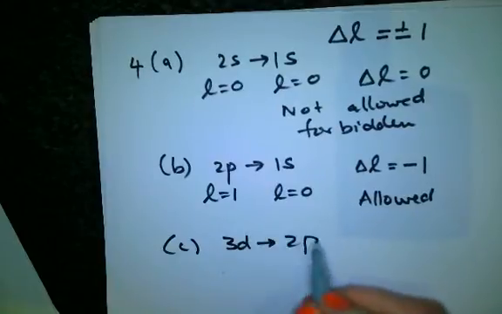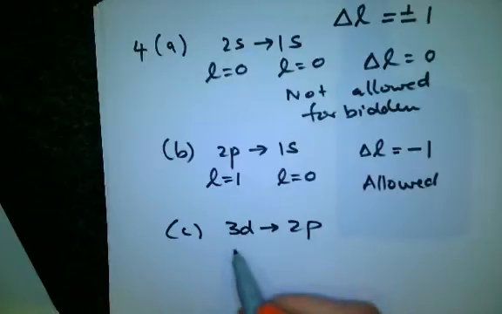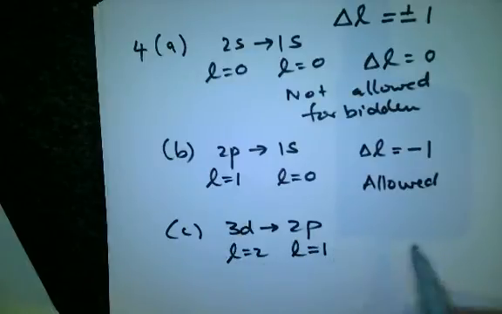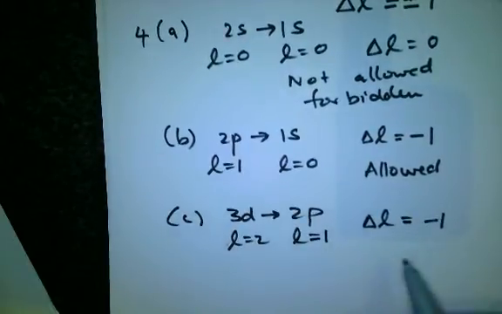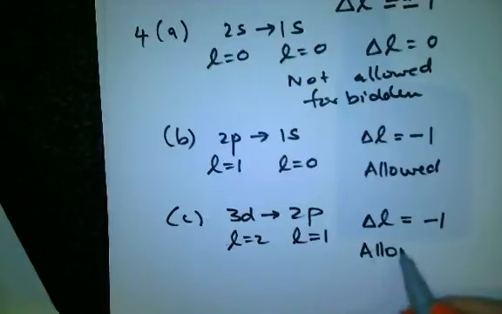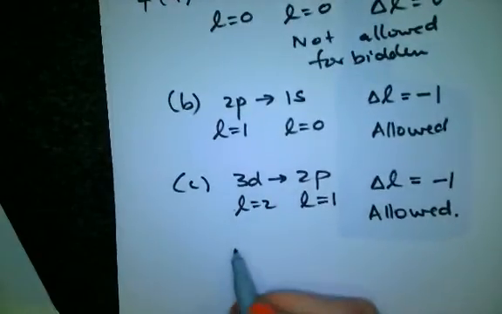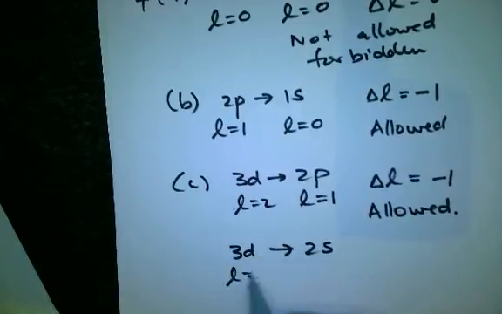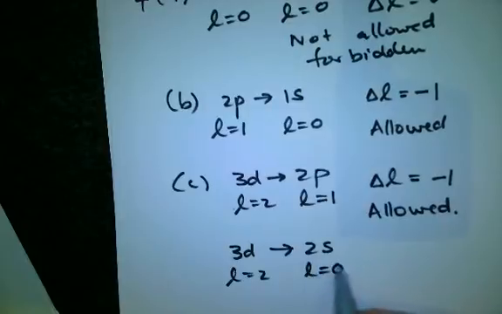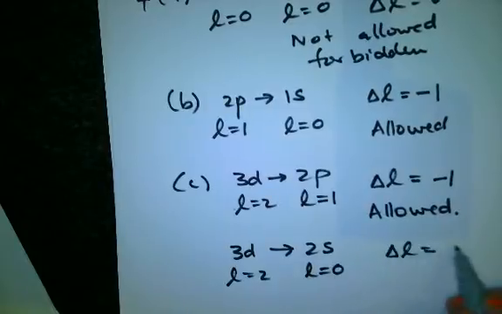In this case L is 2, L is 1, change in L is minus 1, so that would be allowed. And I just want to add one more example here. Let's say we had 3d to 2s, L is 2, L is 0, so your change in L would be minus 2, which would be forbidden.